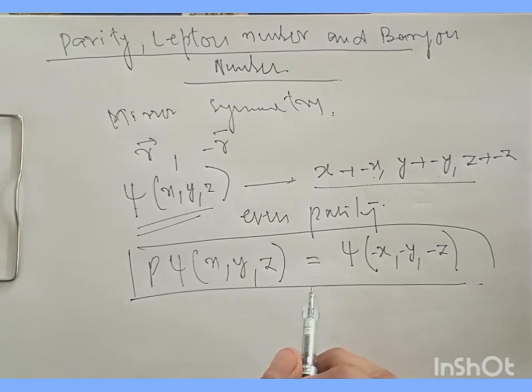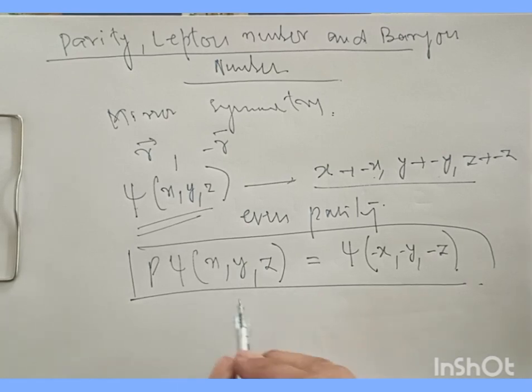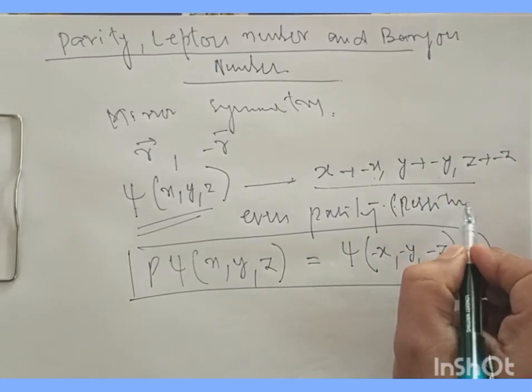Now, on the other hand, if the sign of the particle wave function is changed under the reflection of the space coordinates, then the wave function has an odd parity, or we can call it negative parity. So here we have positive parity.